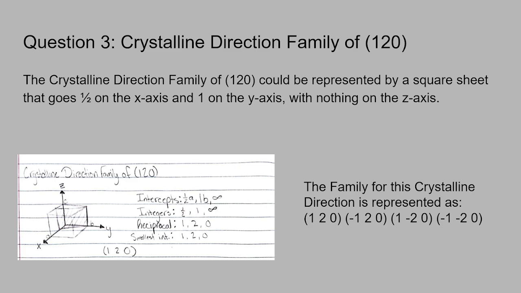Once you have that, you get the reciprocal of those integers. You will get 1, 2, 0, and they're already at their smallest integer, so that is how you get 1, 2, 0. The family for the crystalline direction could be represented as 1, 2, 0, -1, 2, 0, 1, -2, 0, and -1, -2, 0.